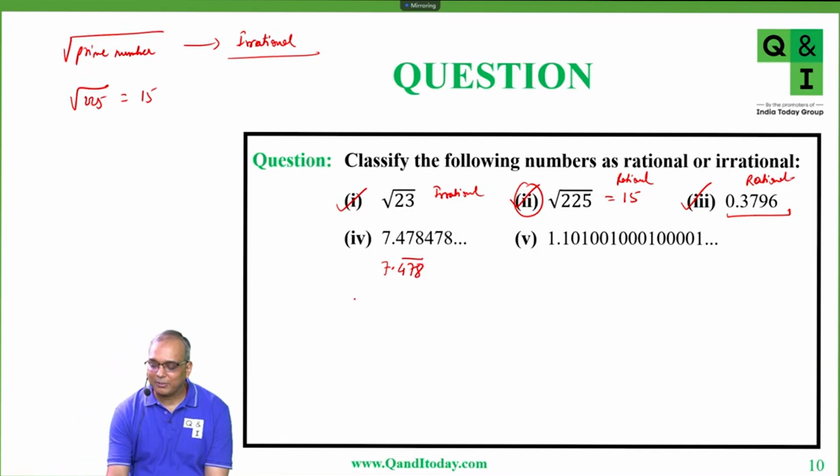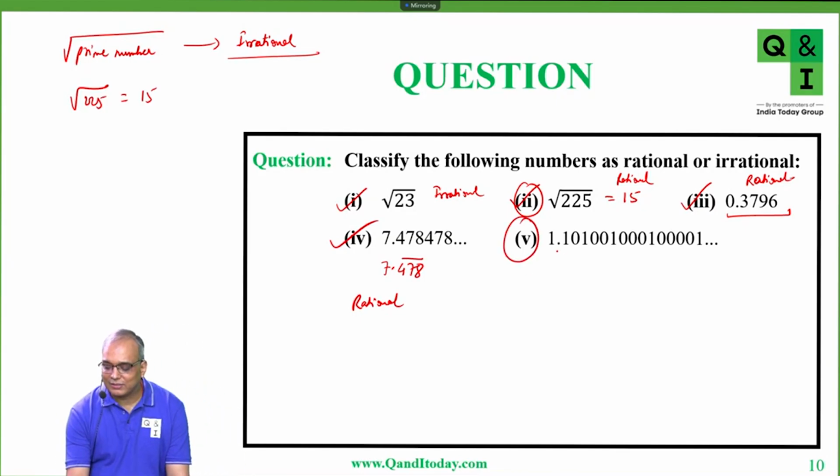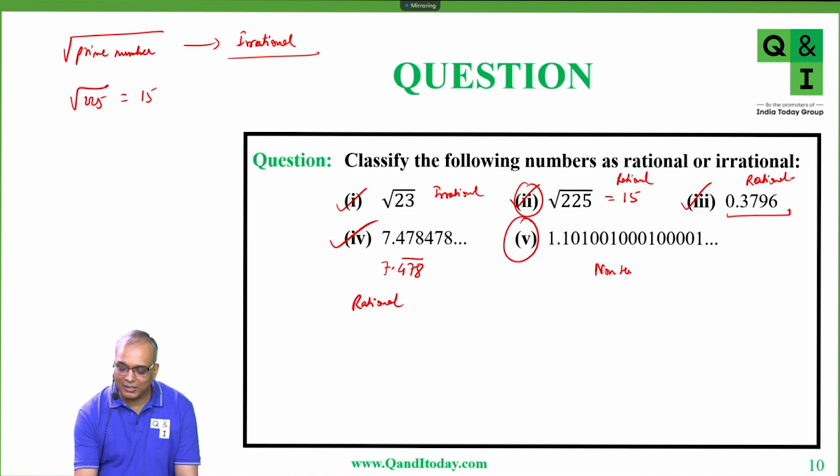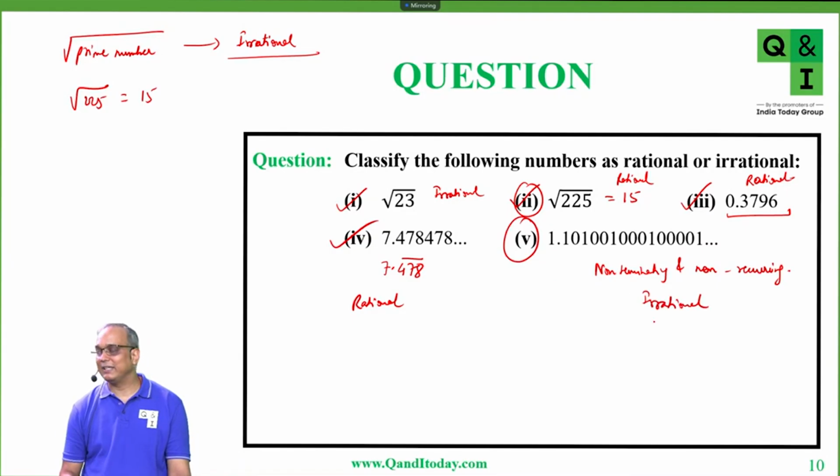So non-terminating and recurring is also rational. Right? Now the fifth one is 1.10, 100, 100, and so on. This is non-terminating and non-recurring. So non-terminating and non-recurring will be irrational. So the fifth one is irrational.